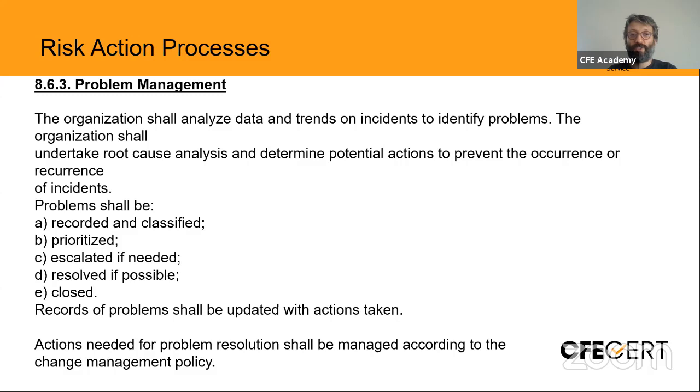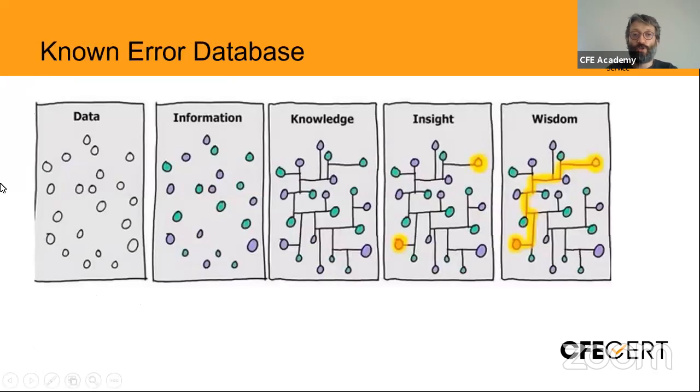So problem management leads us to our today's, I think, last slide, the known error database. A known error database is useful if you are facing an incident again and again and you don't know how to handle it.